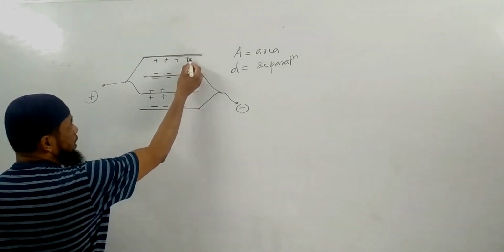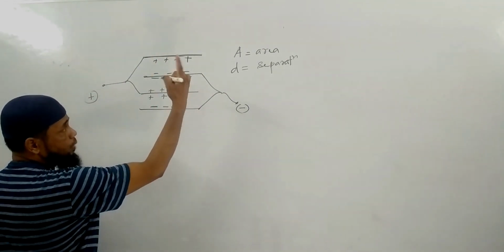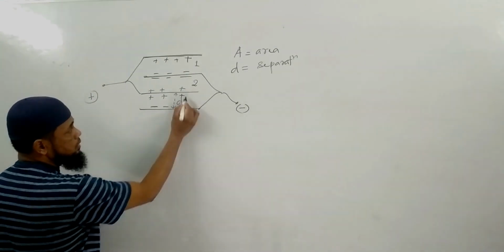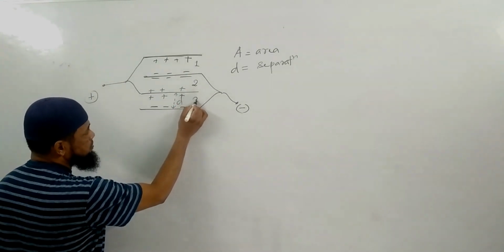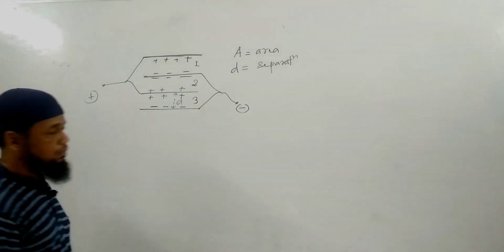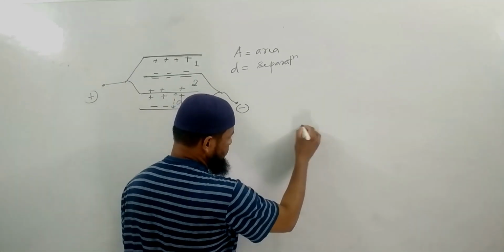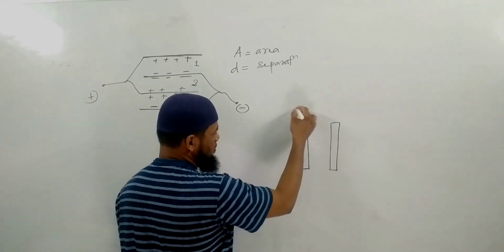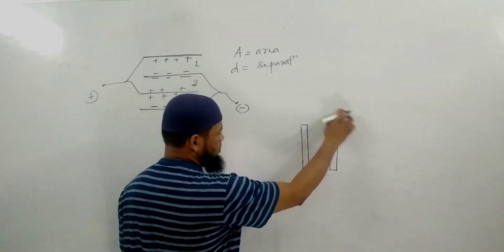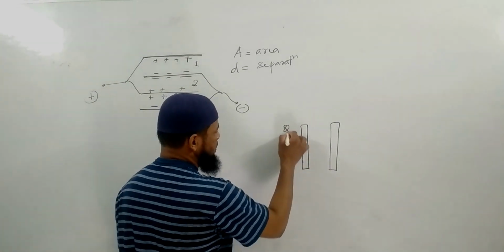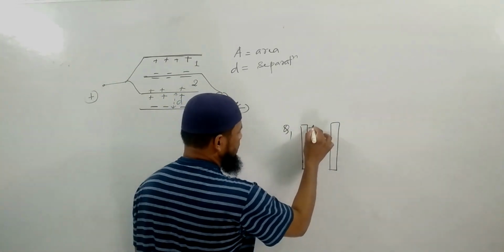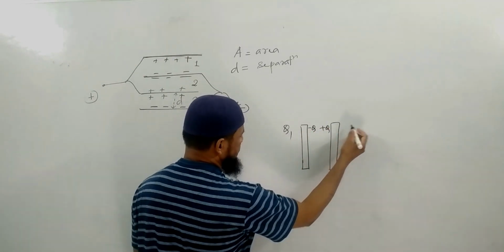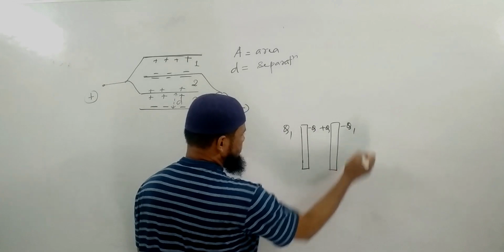Now see, positive, negative, this will form one capacitor. Negative, positive, this will form the second capacitor. Positive, negative, this will form the third capacitor. If we have some kind of plate system, suppose there are 2 plates, on this particular plate charge is Q1, and on the inner side charge is minus Q, then here charge will become plus Q, and here suppose charge is minus Q1.